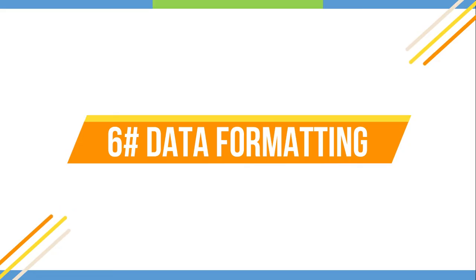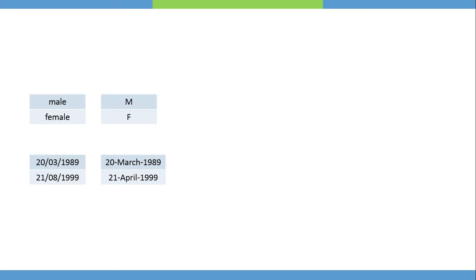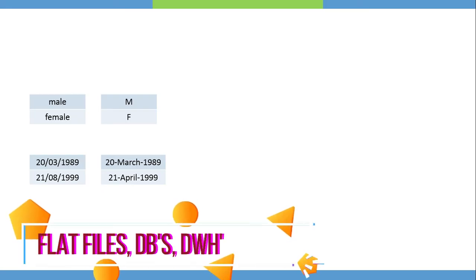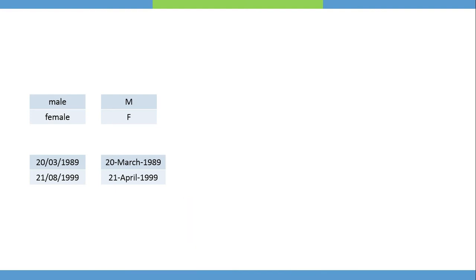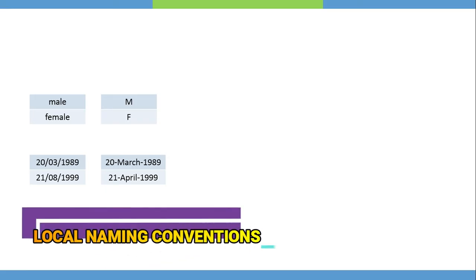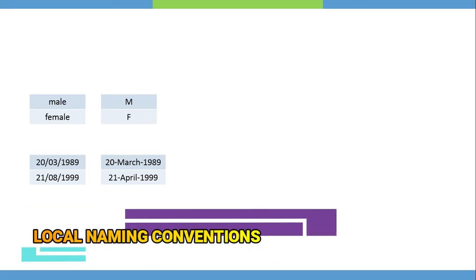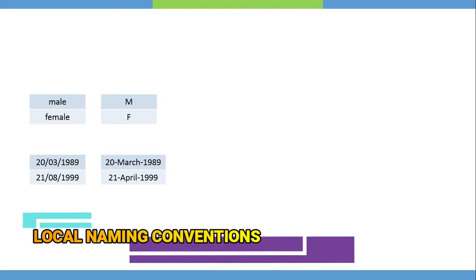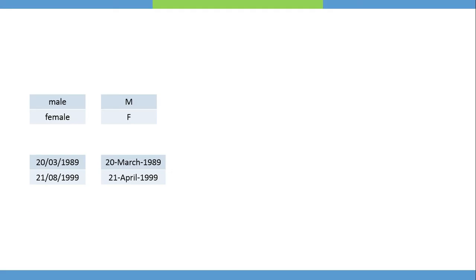So the next one is data format revision. When we load data from different data sources, and that's, I would say, always the case while performing data warehousing projects, every database or every data source has its own naming conventions or data format conventions. For example, some of them write male with the complete MALE.